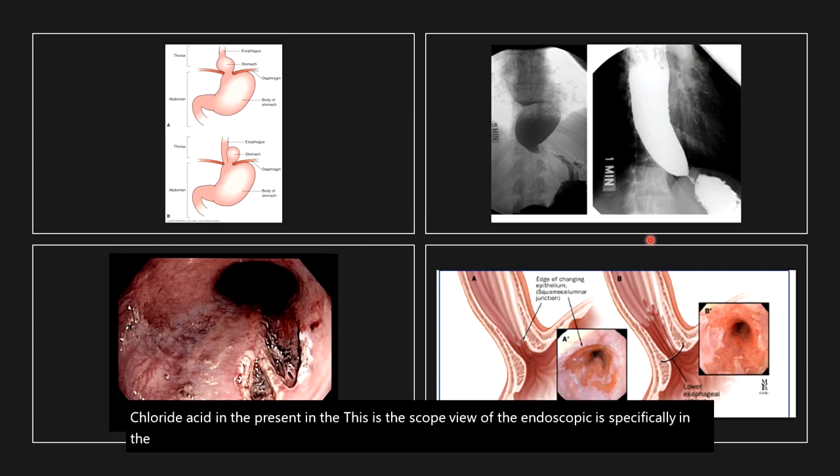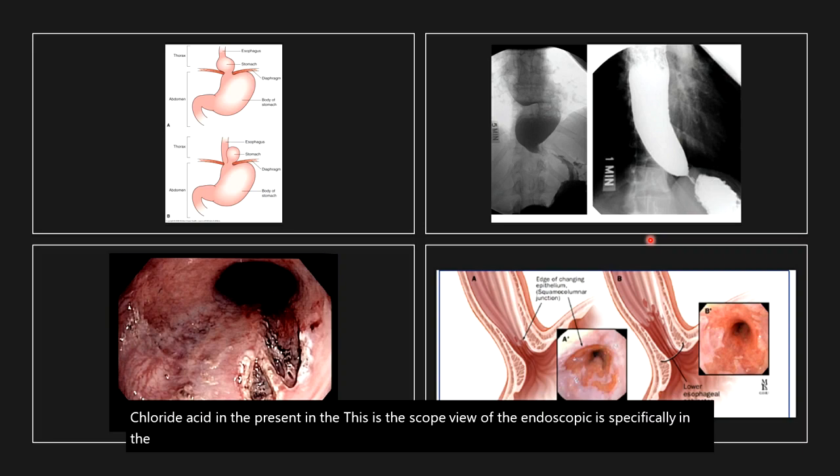We have two types of hiatal hernia: the sliding hiatal hernia and the paraesophageal hiatal hernia. When a person with manifestations of reflux, sour taste in the mouth, and exacerbation of the symptoms when lying down also has a hiatal hernia, complications will be more frequent.